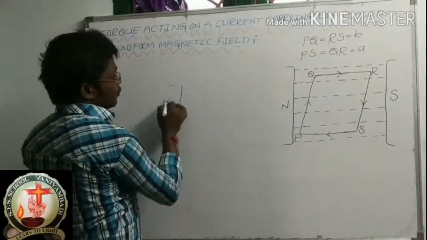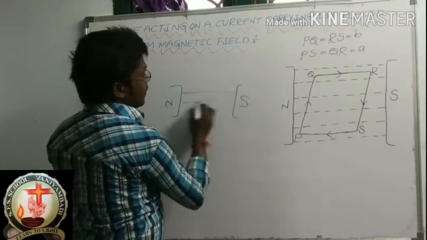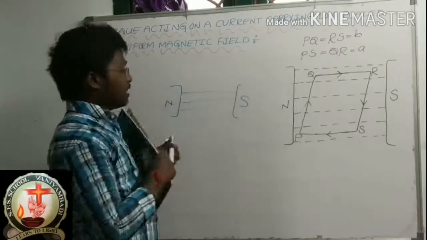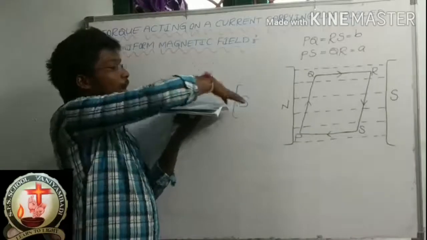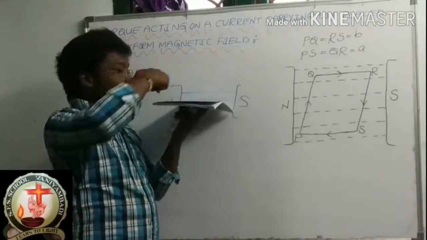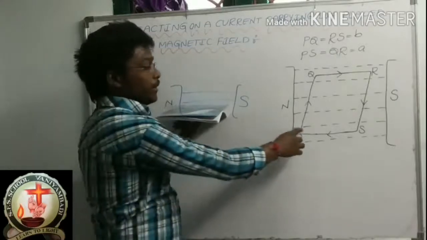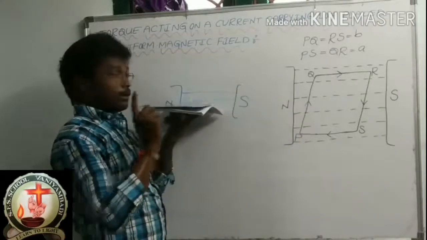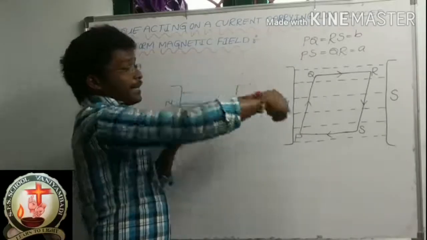This is the north pole. This is the south pole. This is the magnetic field, and I placed the loop PQRS like this. P is this point, Q is that point, R is this point, and S is this point.